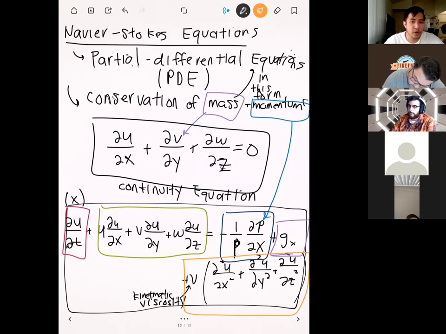I think this approach is a little more intuitive than going through the whole derivation, which, let's be honest, would take at least one whole class session. Are there any questions on this before we start defining the terms?